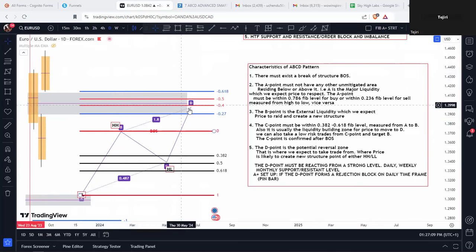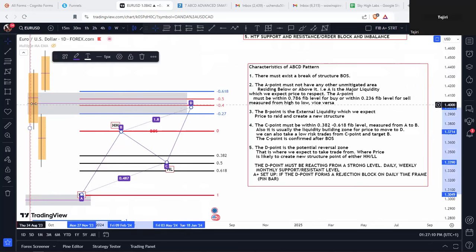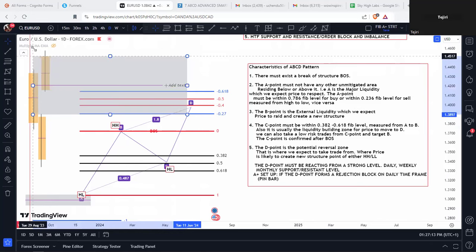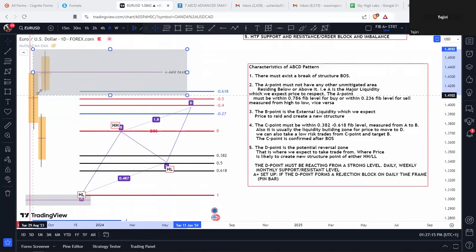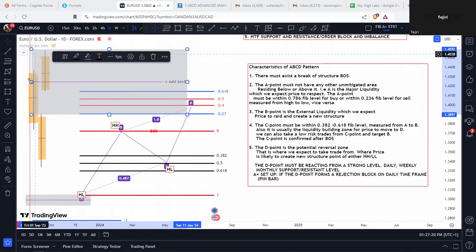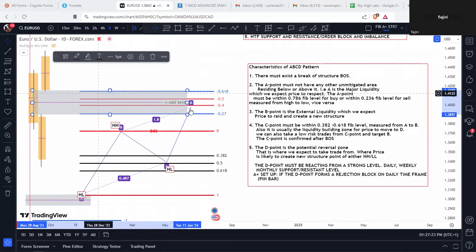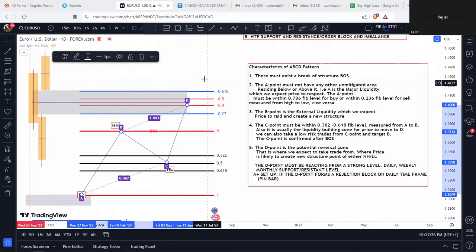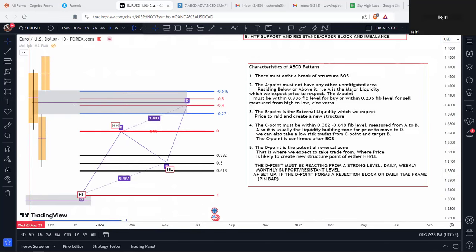So for your D point, that means there is an imbalance or an order block here, which price is coming to mitigate. As price is approaching this imbalance and order block, you have already mapped it out and are waiting for price to come and react from here. The confirmation we're going to get is on the lower time frame, which is the 2-hour time frame.